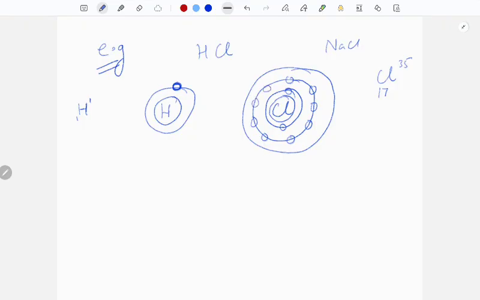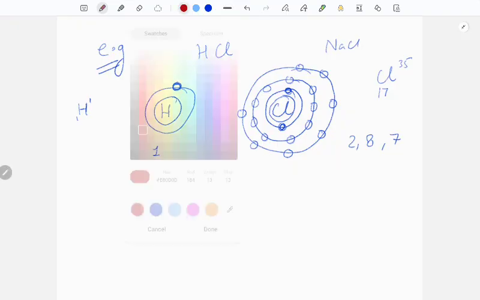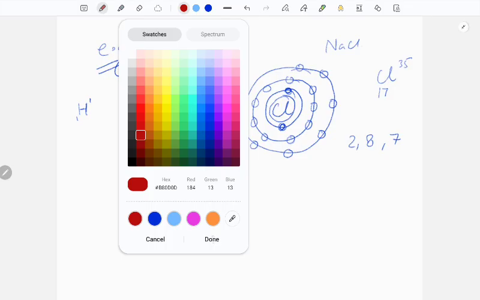The first shell will only carry 2 electrons. I'm telling you the configuration so that you can understand it well. Then 3, 4, 5, 6 and 7. Now with 7 electrons in the outermost shell, the configuration of chlorine will be 2, 8 and 7. Here the configuration of hydrogen is 1. Now H wants to become stable. In this world everything wants to attain stability.